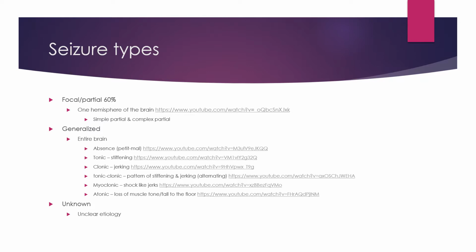And then myoclonic seizures, you have just jerks, like full body jerks. And atonic, or loss of tone, is a complete loss of all muscle tone and control, and those patients fall to the floor.